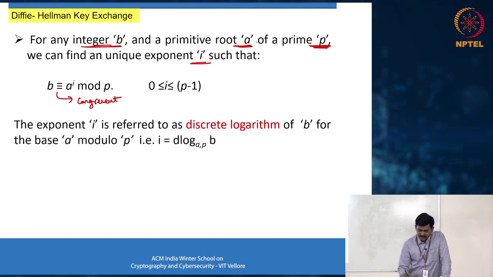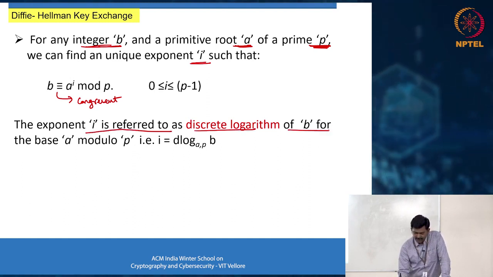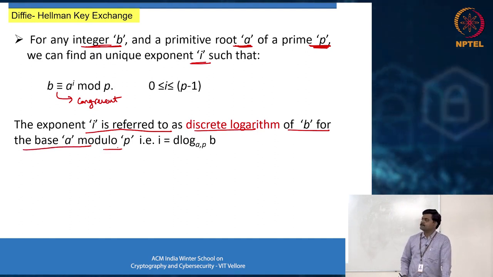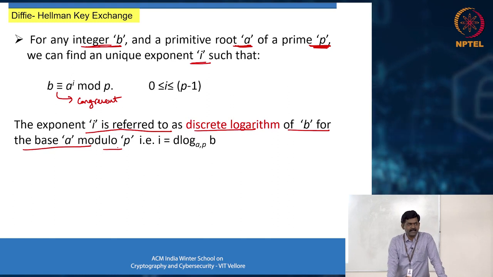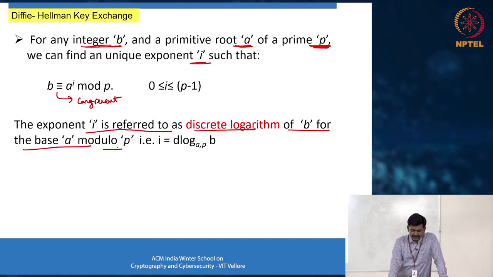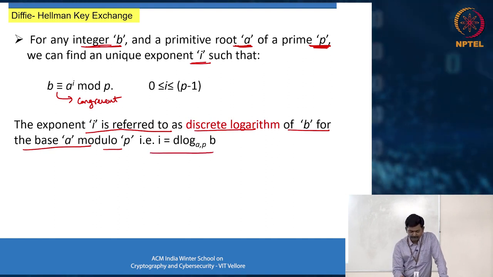Now this particular exponent i is referred to as the discrete logarithm of b for the base a at mod p. How do you write that? i is equal to the discrete logarithm of b for the base a at mod p. Okay, this is how you write it.